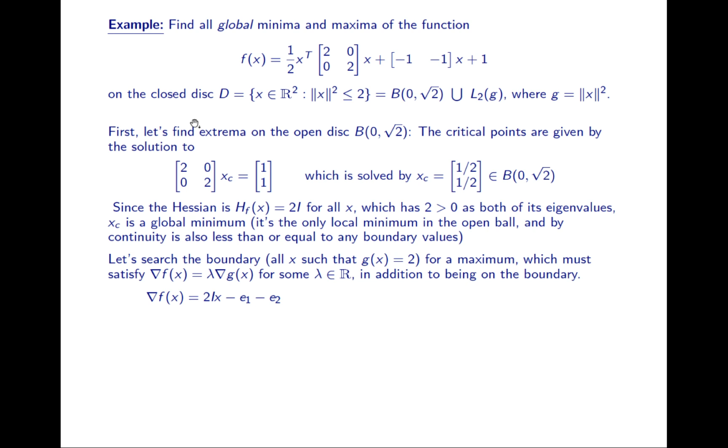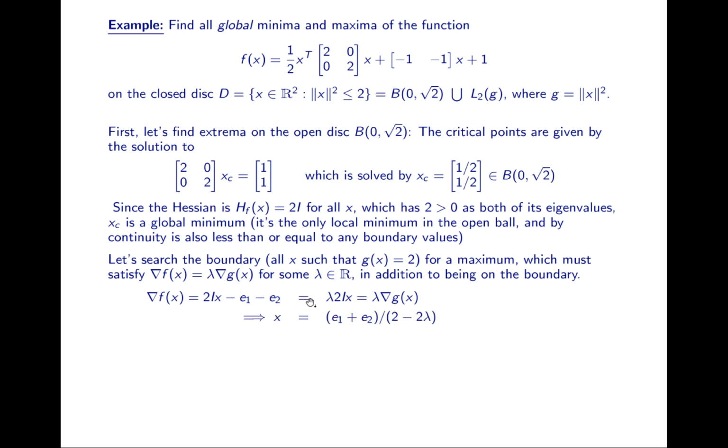So the gradient of f is 2 times the identity times x minus the vector 1, 1. Now that has to equal lambda times the gradient of g. The gradient of g is 2 times the identity times x, and then times lambda, my Lagrange multiplier.